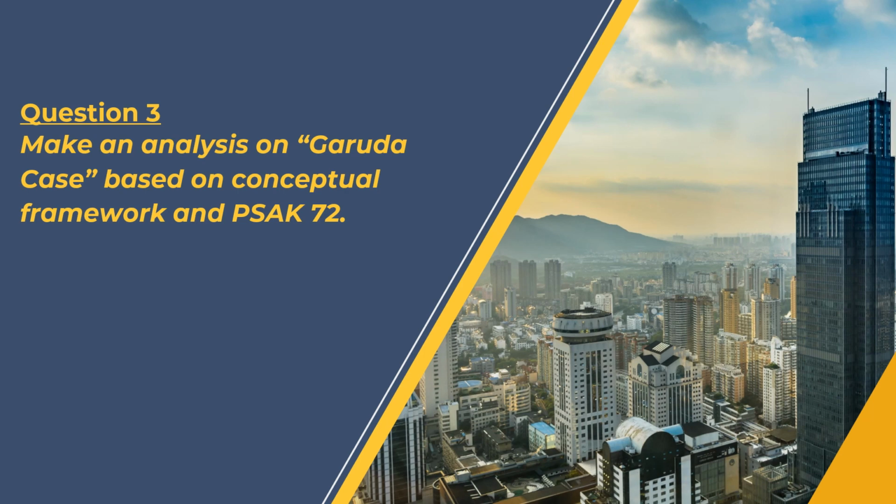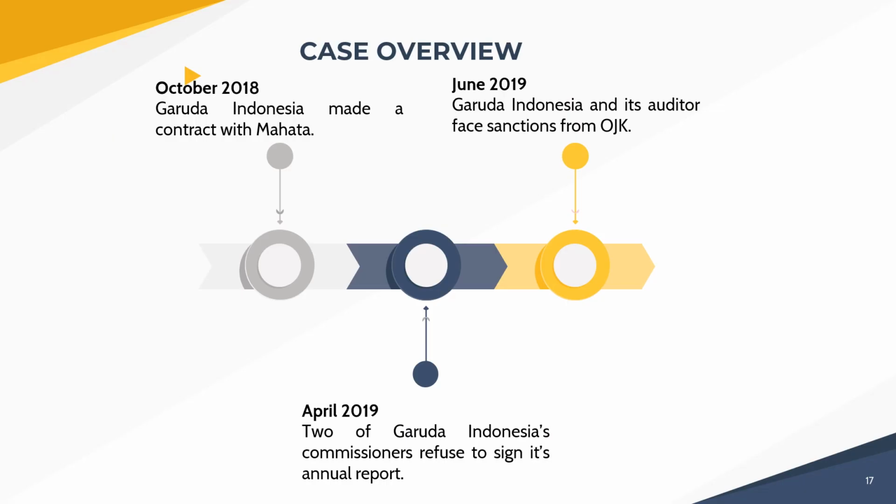The next question we are going to answer is to make an analysis of the Garuda case based on the conceptual framework and PSAK 72. This is the case overview for Garuda Indonesia and Mahata Aerotechnology. In October 2018, Garuda Indonesia made a contract with Mahata Aerotechnology to provide in-flight connectivity and entertainment on Garuda Indonesia's aircraft.